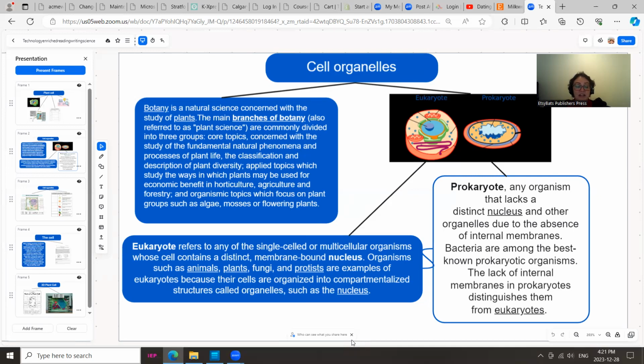Applied topics which study the ways in which plants may be used for economic benefit in horticulture, agriculture and forestry, and organismic topics which focus on plant groups such as algae, mosses, or flowering plants.